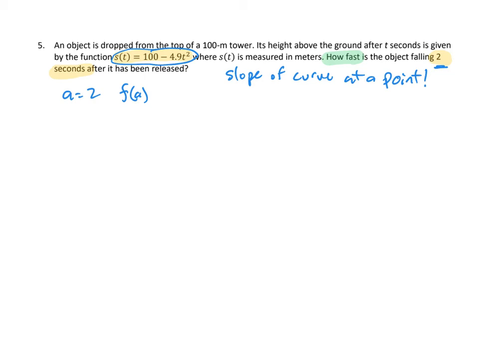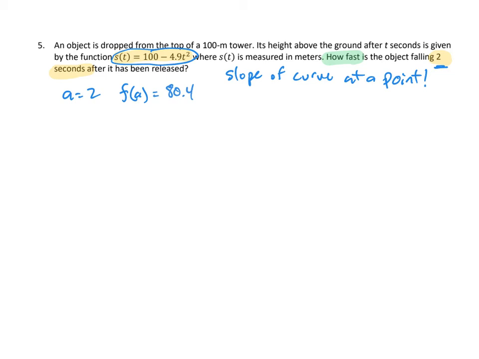And I think that works out to be 80.4. You can verify that. When you plug 2 into this, you get 4 times 4.9, which is 19.6. 100 minus 19.6 is 80.4.